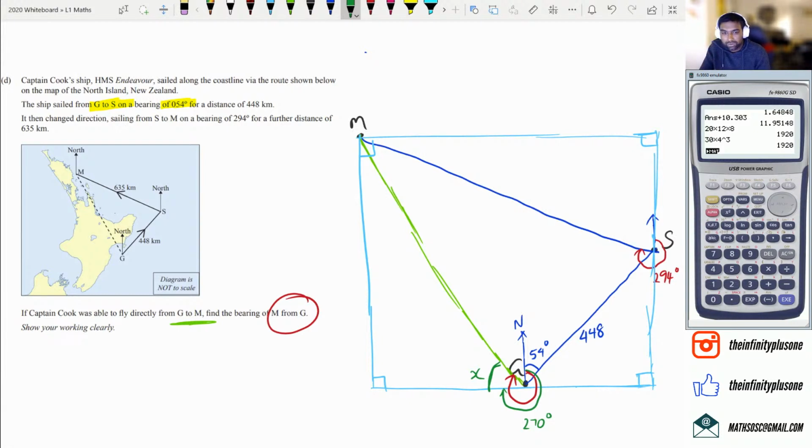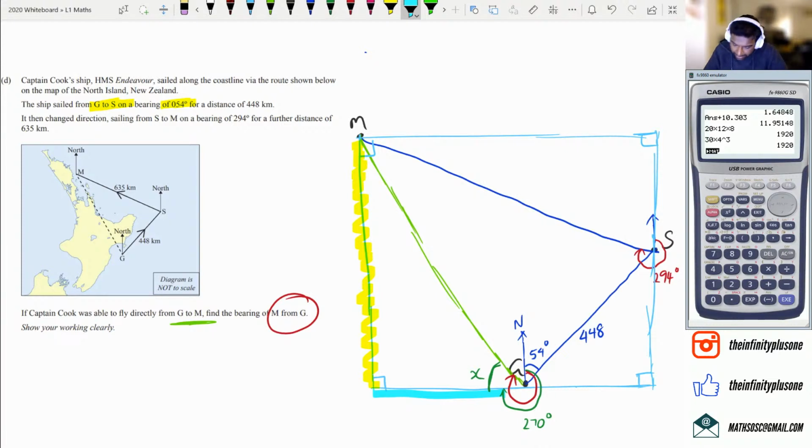To figure that angle out, I basically need two sides. I'm going to need this yellow side, and I'm also going to need the blue side here, because I can work out tan of opposite over adjacent to actually work out the X. All right, so that's there so far.